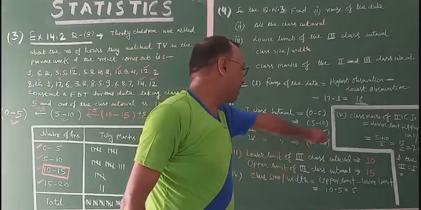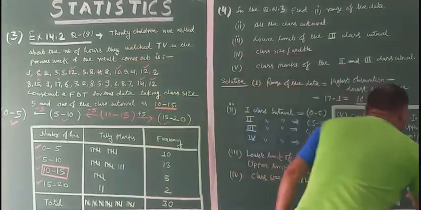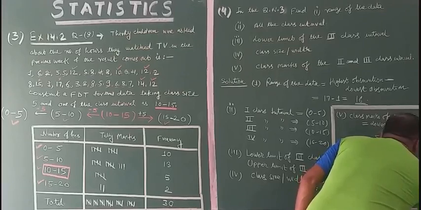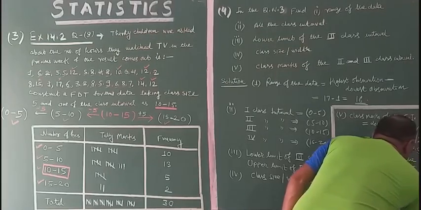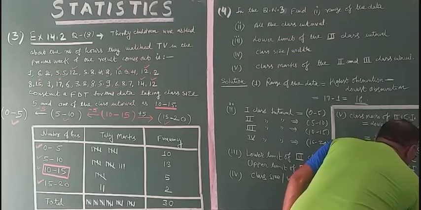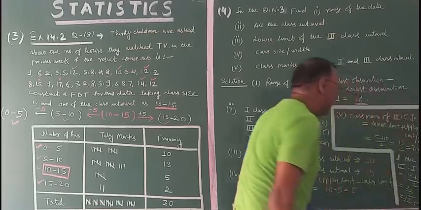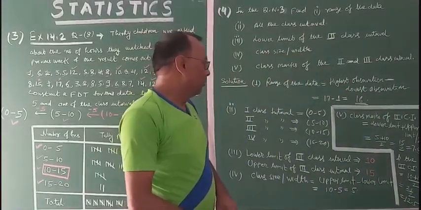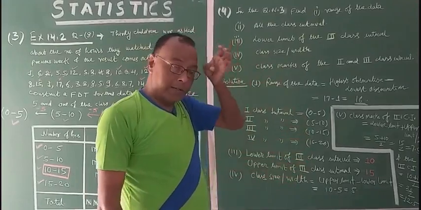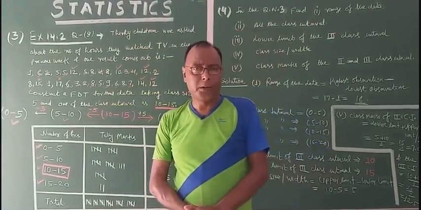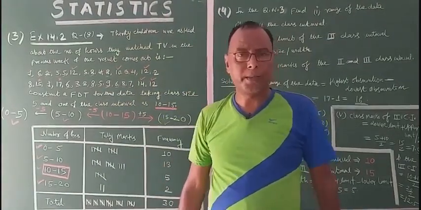This is 10 plus 15 upon 2, that is 25 upon 2, 12.5. Is it there? So in this way we can calculate the class marks of each class interval. So that's all for today. Thank you very much.